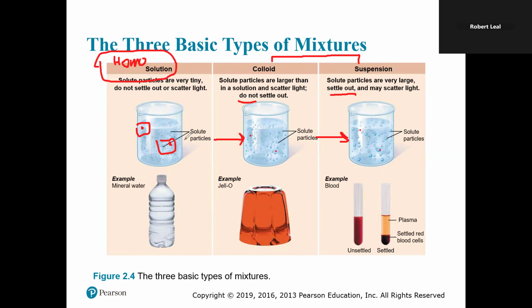Over time, solutes do not settle for homogeneous solutions, and most light is allowed through. Not all light, but most light. You could probably look through this beaker of water and make out what's on the other side. So those are the three types of solutions. Two of them are heterogeneous, and the one on the far left is homogeneous.